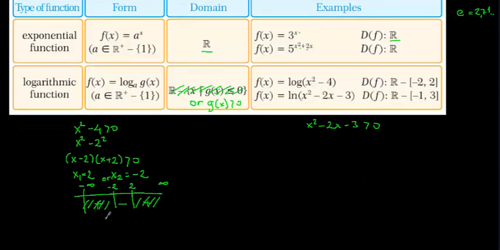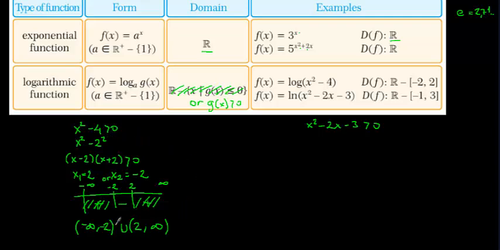Now I'm going to use the intervals minus infinity to minus 2 union 2 to infinity. Again, I'm repeating this part. When you use infinity, the sides always must be open. You cannot use infinity with closed parentheses. Okay. Then the minus 2 and 2 sides are open because the sign is the greater than sign.